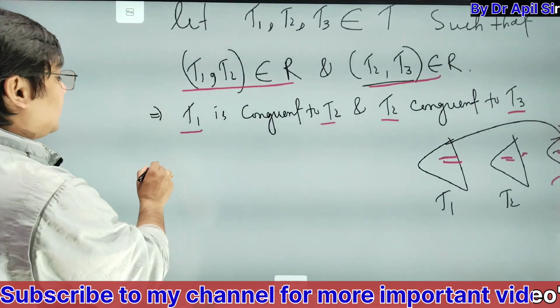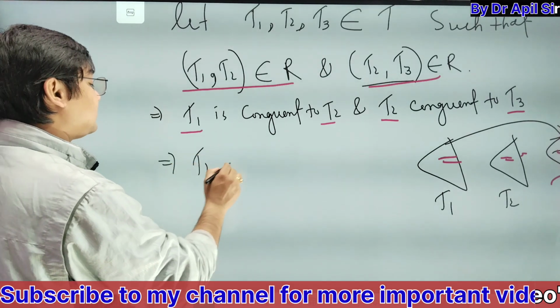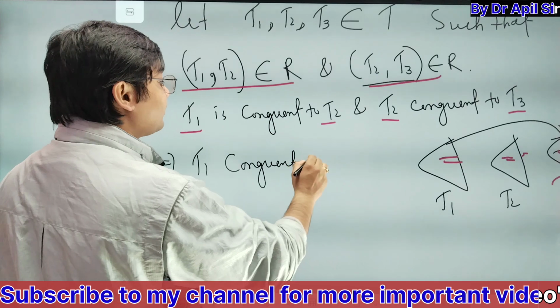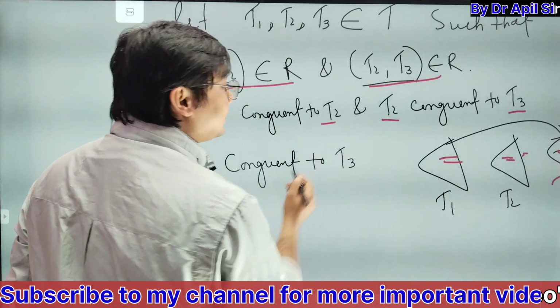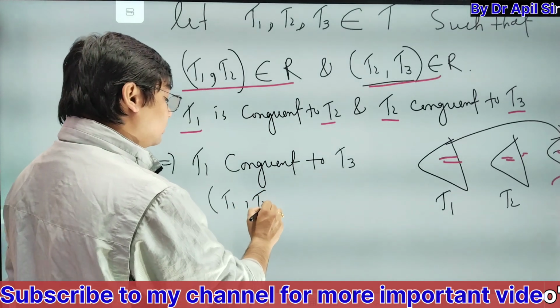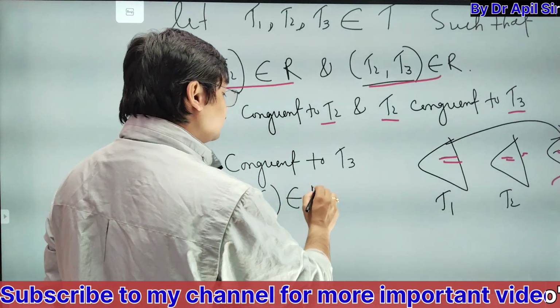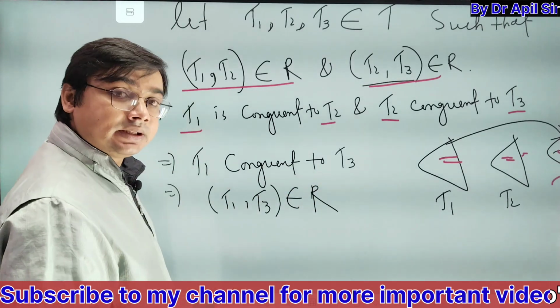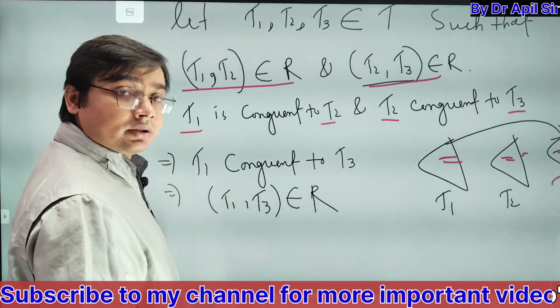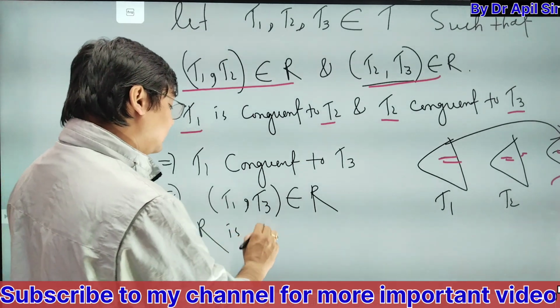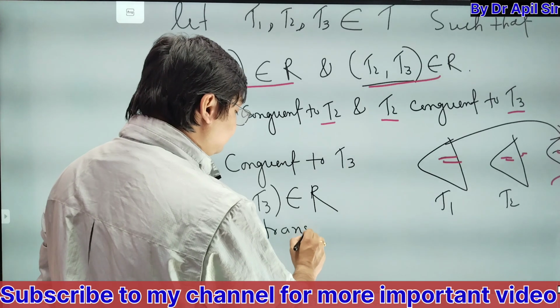So we can write T1 is also congruent to T3, so (T1, T3) belongs to R, because if T1 is congruent to T3, then T1 will be related to T3. Hence R is transitive.